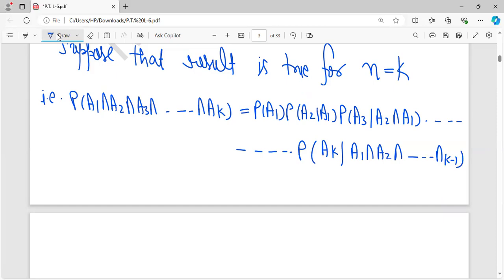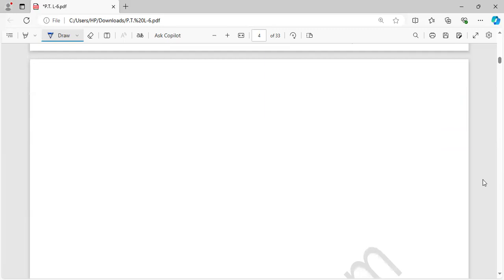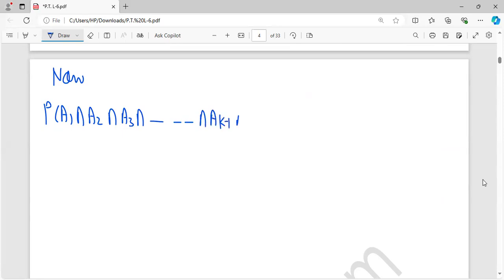Okay. Now we will show that the result is also true for n is equal to k plus 1. Now check what is P of A1 intersection A2 intersection A3 intersection up to Ak intersection Ak plus 1.